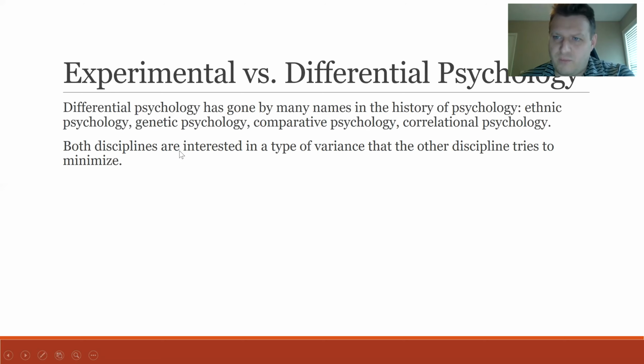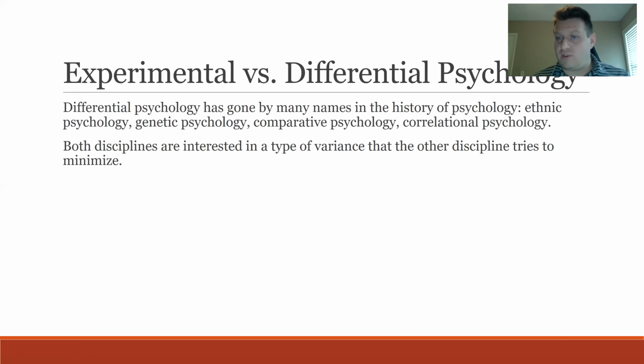This is a point I made earlier, but I think it bears repeating. Both disciplines, experimental and differential, are interested in a type of variance that the other discipline tries to minimize or doesn't care about or tries to eliminate. Experimental psychologists are interested in differences between the experimental condition and the control condition.